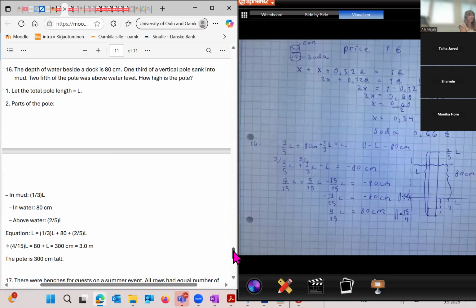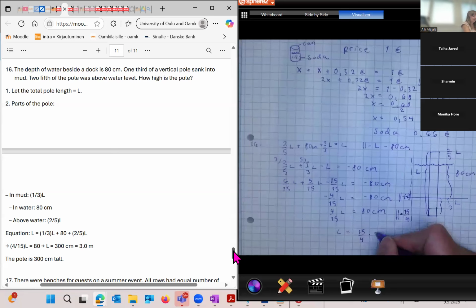If you multiply the reciprocals together, they make 1. So of course you want to have 1 as a multiplier of this because then L is there alone. And on the other side, you get this 80 centimeters, and you can even calculate this in your head.